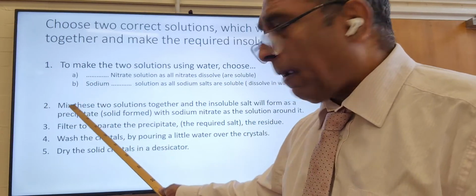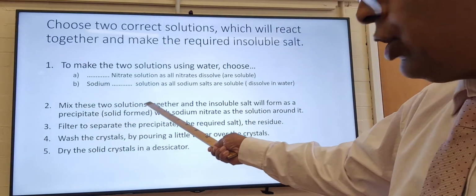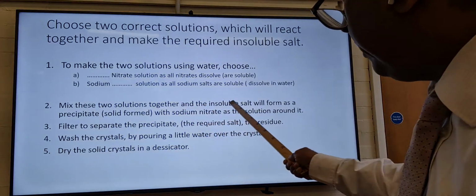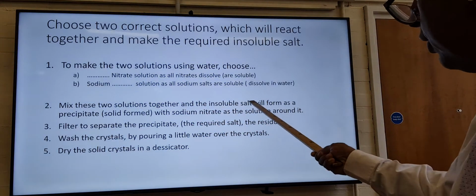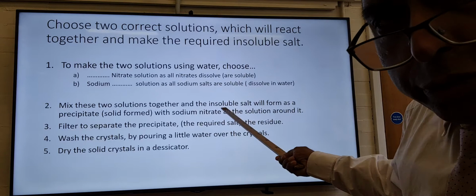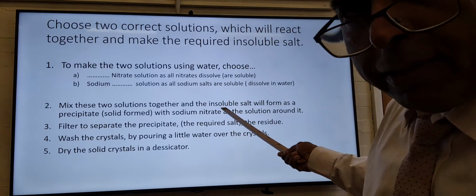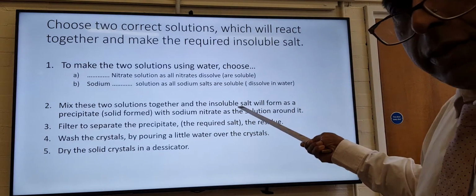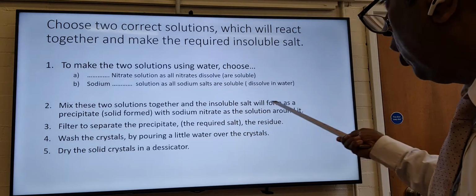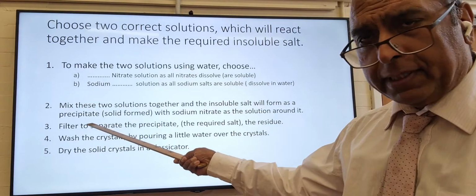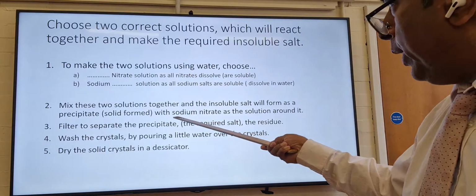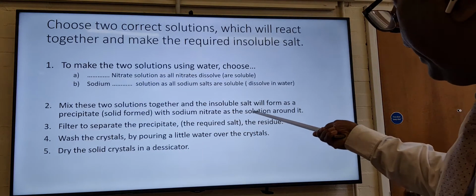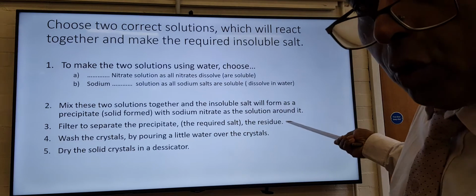Number two, mix these solutions together, and the insoluble salt, that's the salt that won't dissolve. And remember, this method can only make salts that do not dissolve. The insoluble salt will form as a precipitate with the sodium nitrate solution all around it.